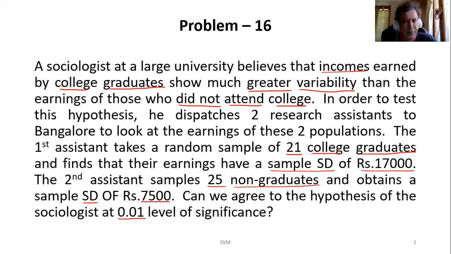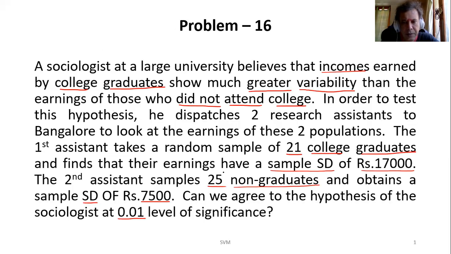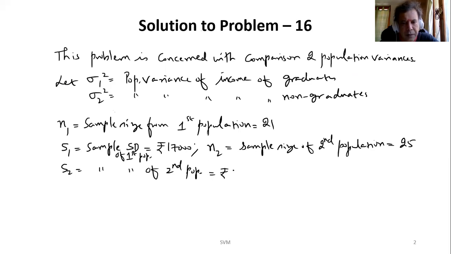And he got the sample standard deviation S2, of the second population, as rupees 7,500. Then the level of significance alpha is given as 0.01.